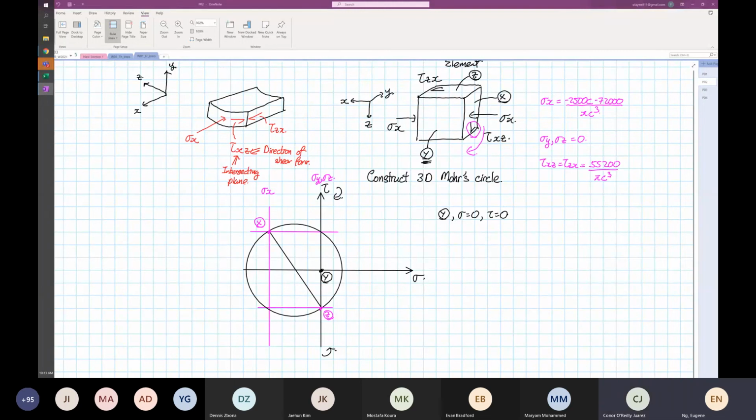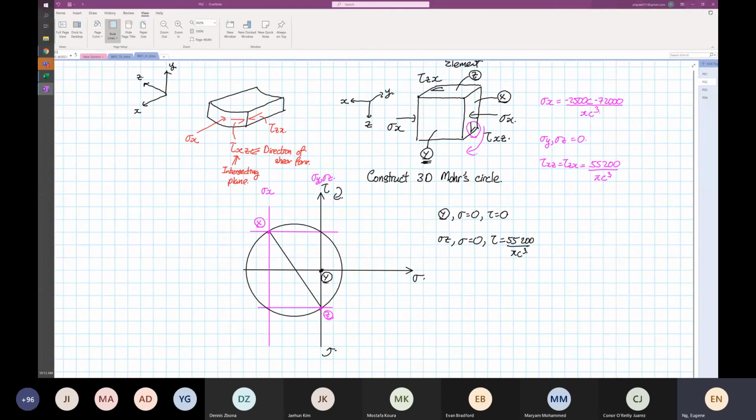The stress is 0. So if you look at stress Z, the normal stress is equal to 0, but the shear stress is equal to 55,200 over pi C cube.